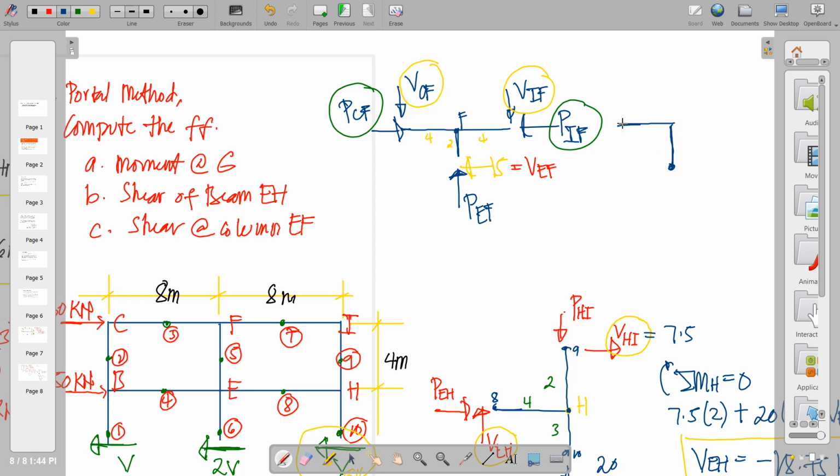So again we will be working with this portal and then transfer it here, and we will be using also the portal and then transfer all the forces PCF, VCF, PIF, and VIF, and then proceed with the equilibrium equations to obtain some of the unknowns. Okay, so that's it for this problem. So I think we will proceed to another one.